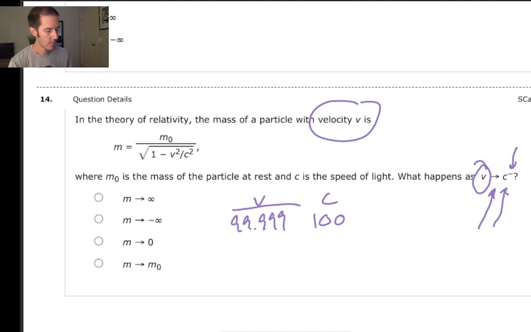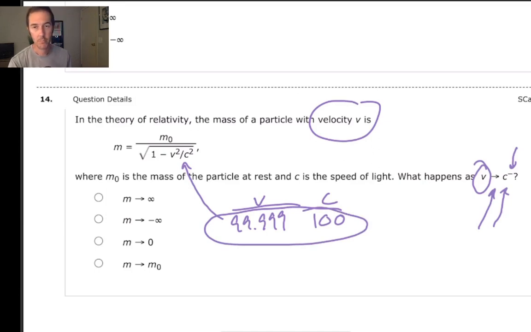Okay, so they're really similar to each other. And then in this equation up here, we see that we have v squared divided by c squared. Well, you've got these two numbers that are almost identical. When you divide them by each other, what do you think you're going to get? Something pretty darn close to 1.